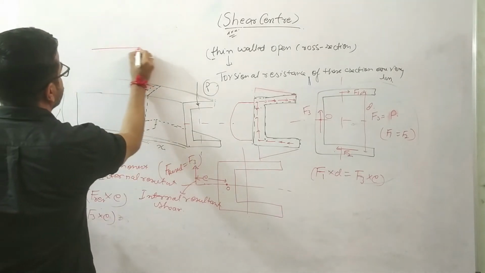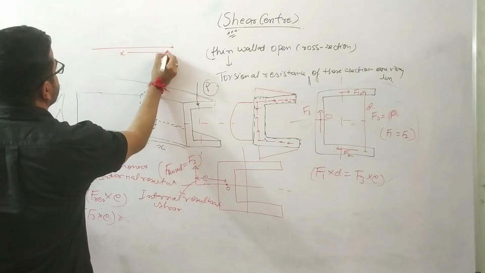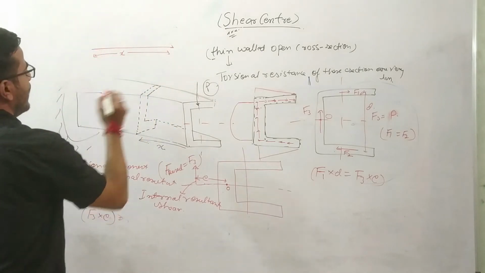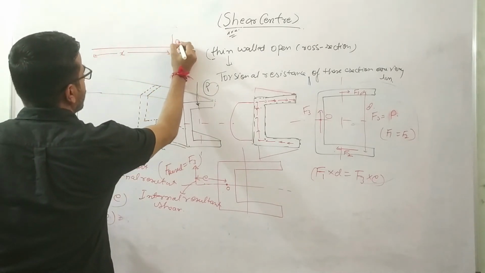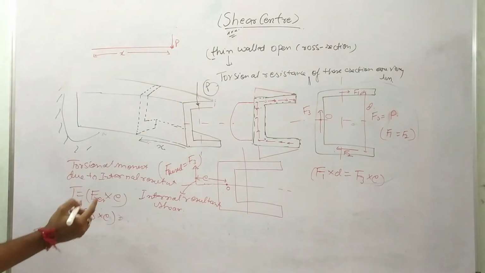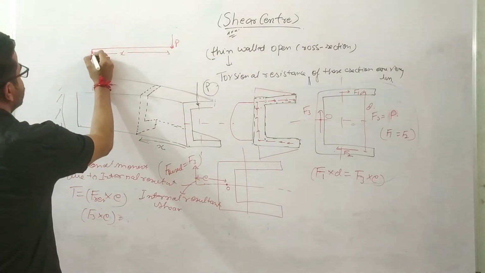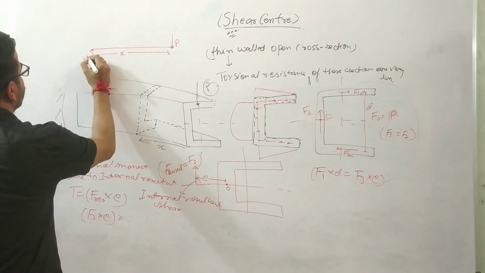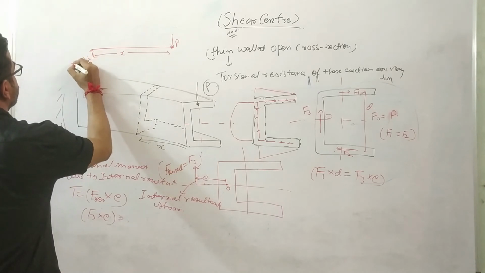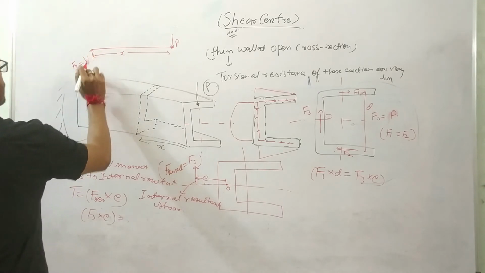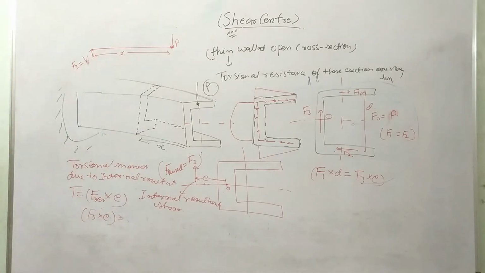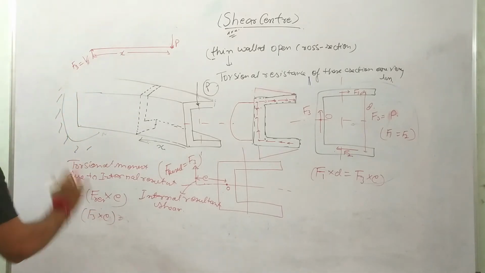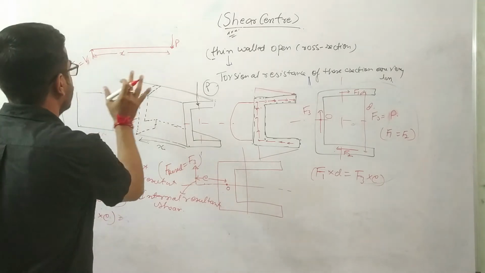Let us suppose this is X distance, and at this location we are applying the P force, the P external shear. To balance this external shear, I have some vertical force which equals F3. So from the equilibrium you can say that F3 equals P.